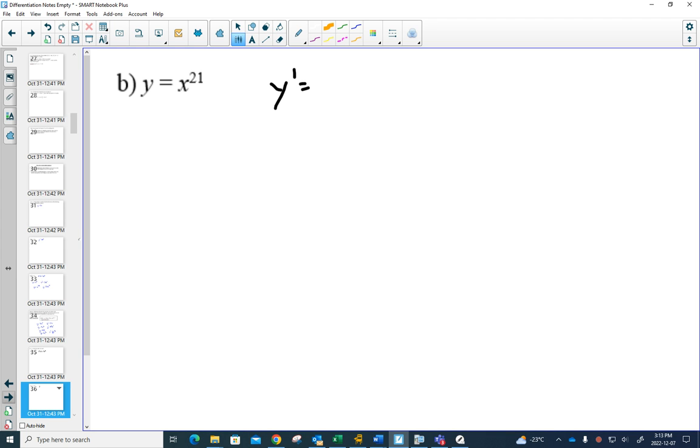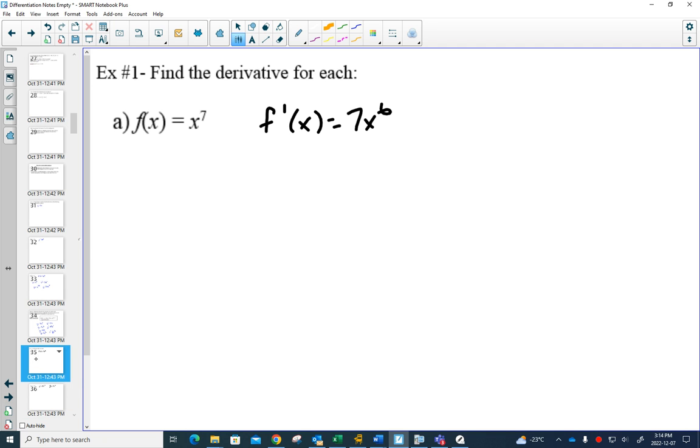You can use any notation that you want. Often, if you have y equals, you'll either write y prime, or dy dx. But you see how the last question had f of x equals, you'd probably write f prime of x.